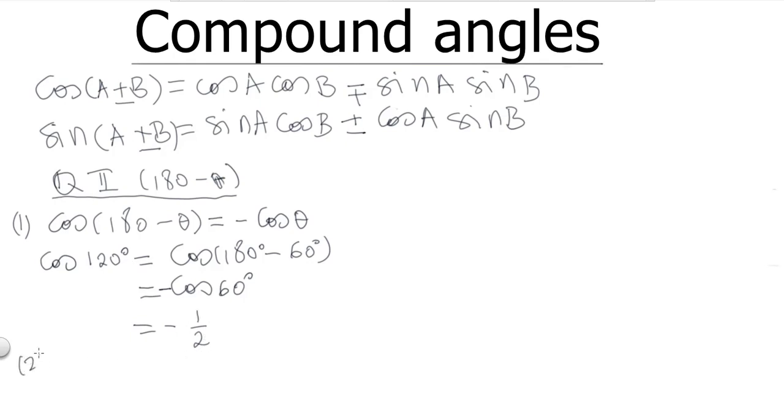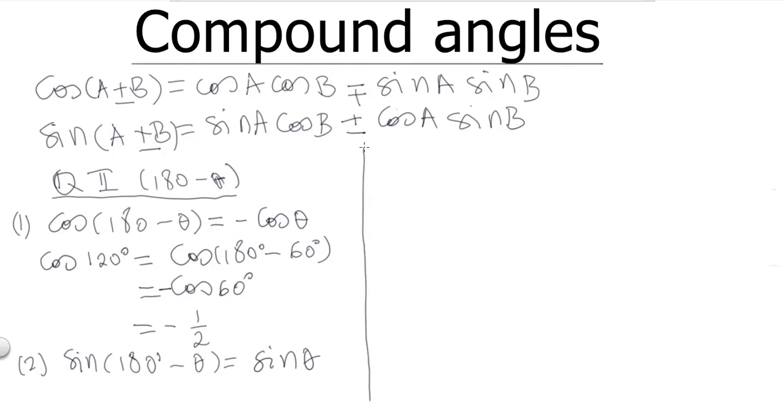Number 2, if you have sin of 180 degrees minus theta, this will give you sin theta, because in the second quadrant, sine is positive, sorry.